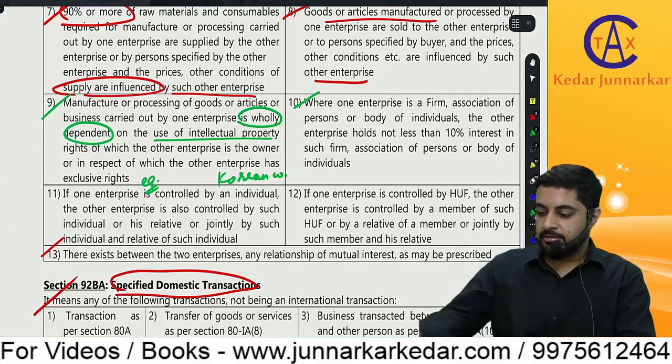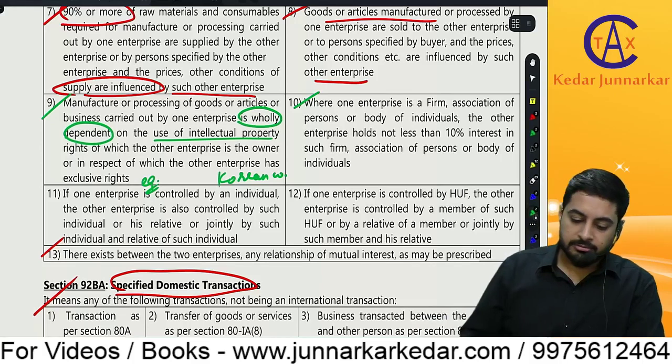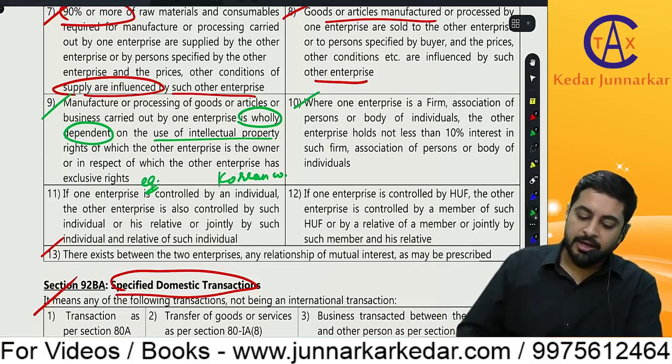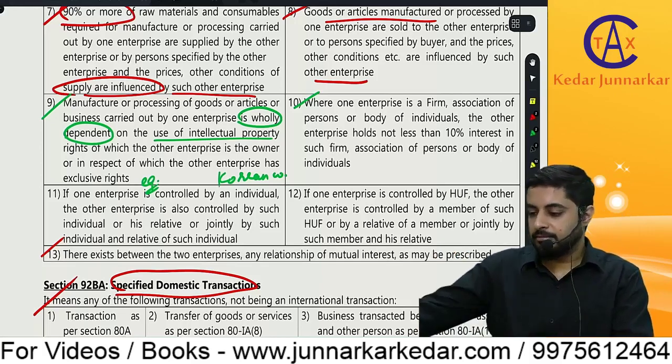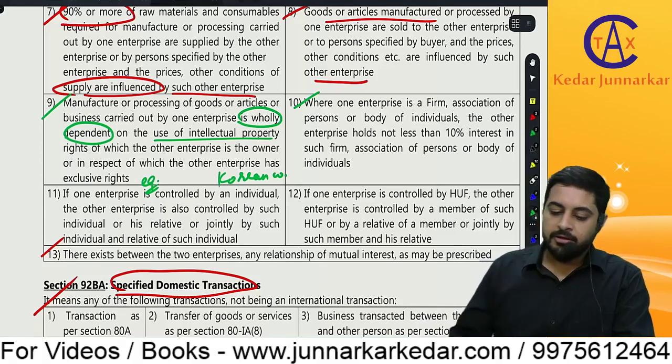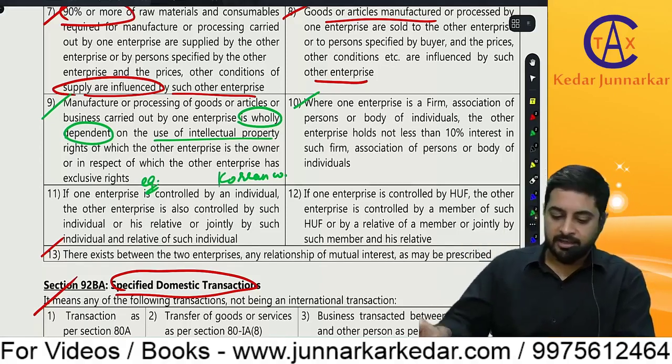So write down: partner or member holding 10% or more in firm, AOP, BOI. So that partner and firm, member and AOP, BOI will be considered as AEs.